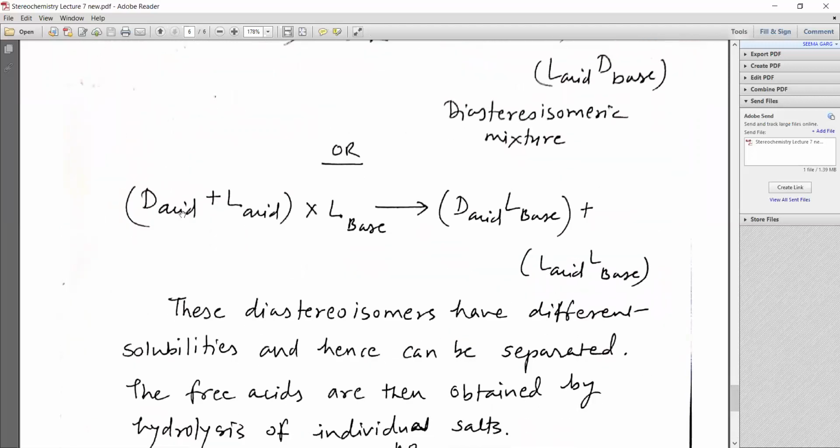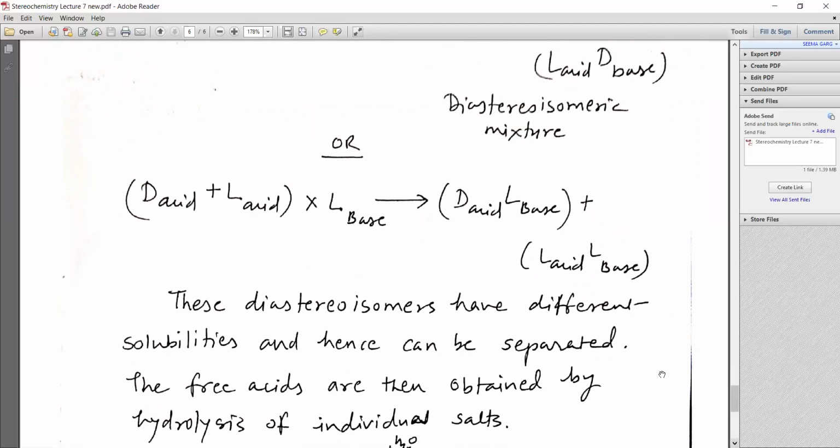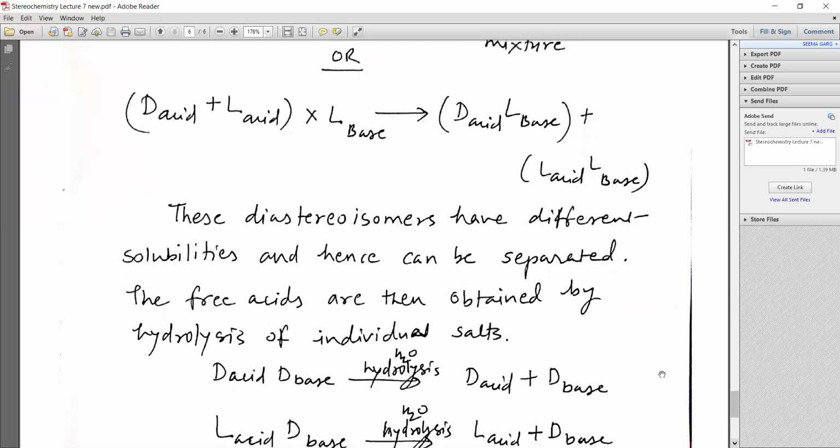Or this enantiomer mixture can be reacted with L base. We will get D acid L base and L acid L base diastereoisomers. These diastereoisomers have different solubilities and hence can be separated. The free acids are then obtained by hydrolysis of the individual salts.